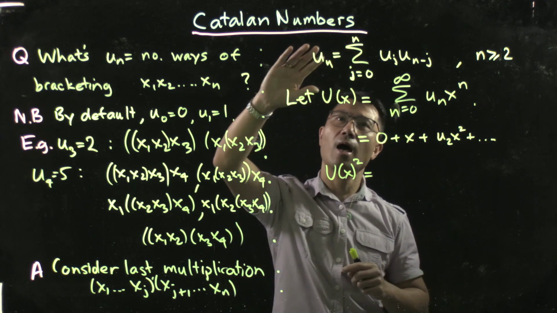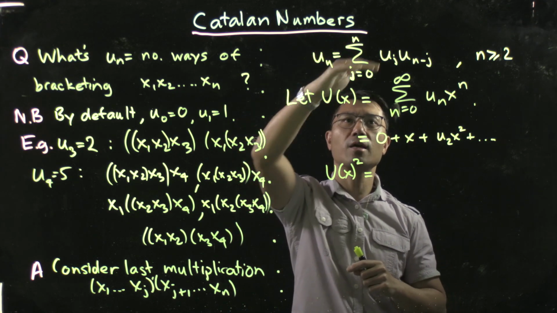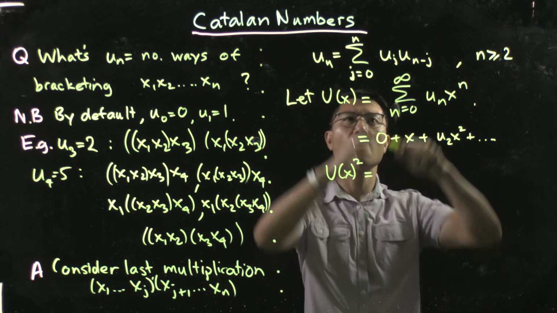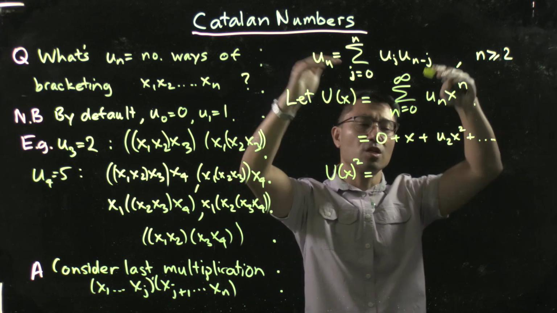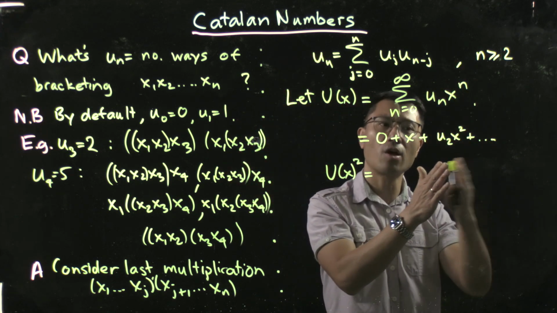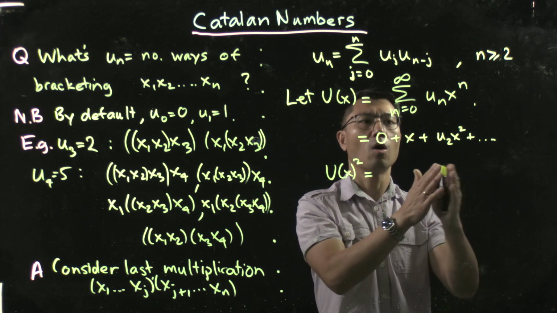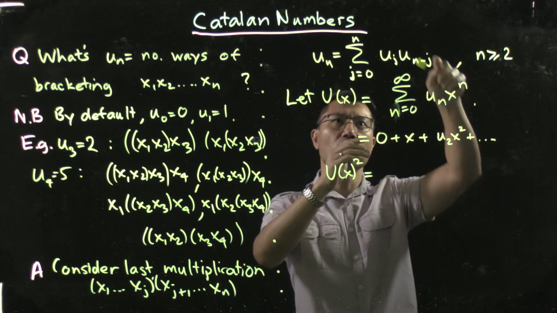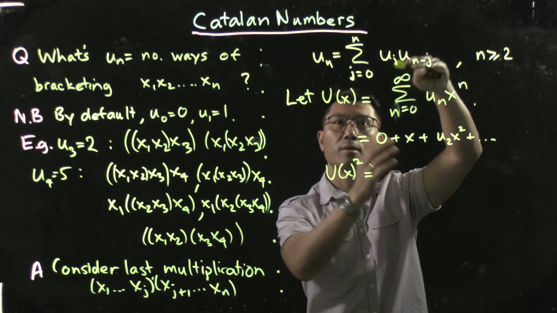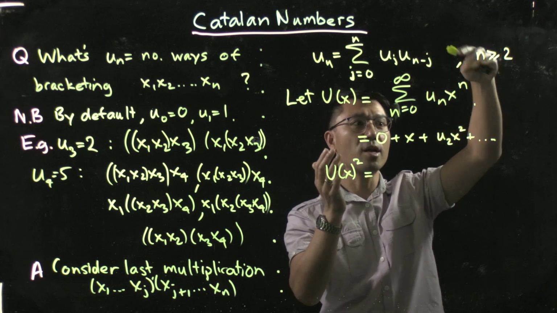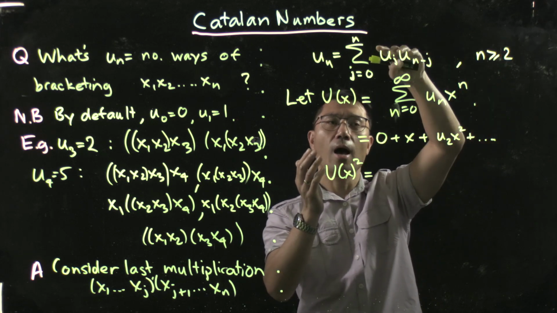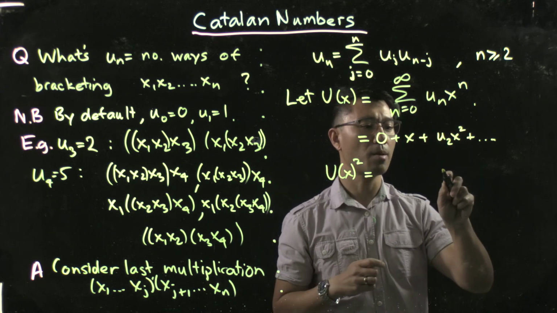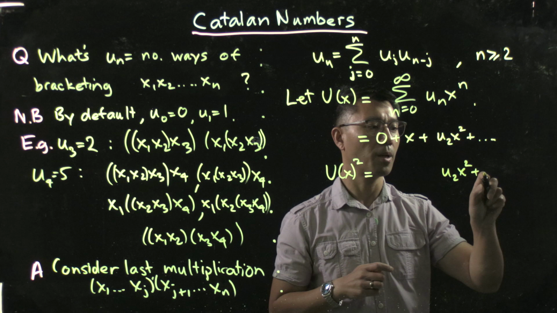You're going to square this, so the first term will be the x squared term, and we know from this formula that the coefficients from the x squared term on up are precisely what's given here by the u_n. So this corresponds to u(x) squared, and the coefficients of this when n is greater than or equal to 2 are the same as u_n, which is just u(x). So that means this is just u_2 x squared plus dot dot dot.